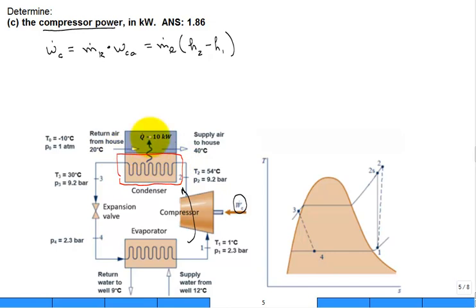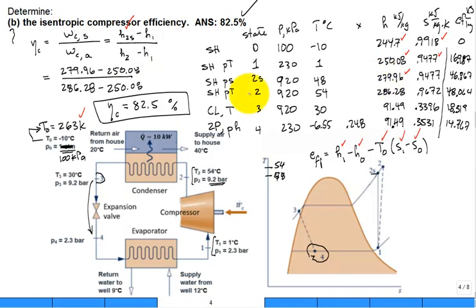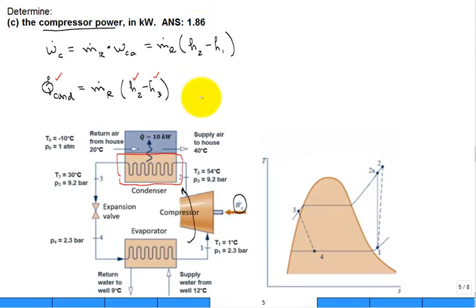We know it's coming out 10 kilowatts, so the Q dot coming out of the refrigerant in the condenser is the mass flow rate of the refrigerant through the condenser times it comes in with a high enthalpy 2 and exits at low enthalpy 3. And in this equation, that's 10 kilowatts, and we got the 2 enthalpies on the previous slide, H2 and H3 right there. So we go ahead and calculate the mass flow rate of the refrigerant.